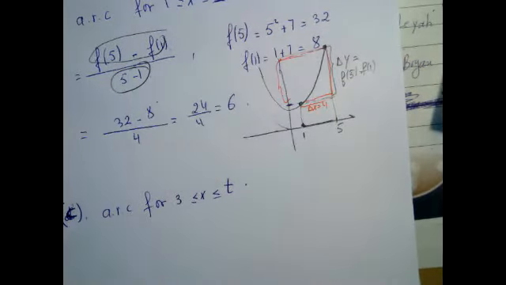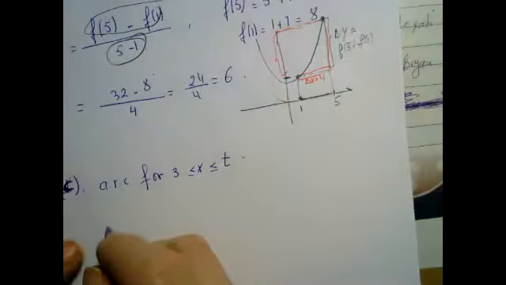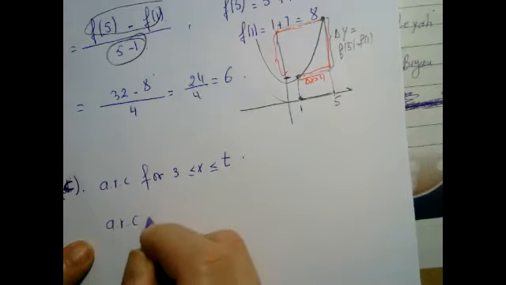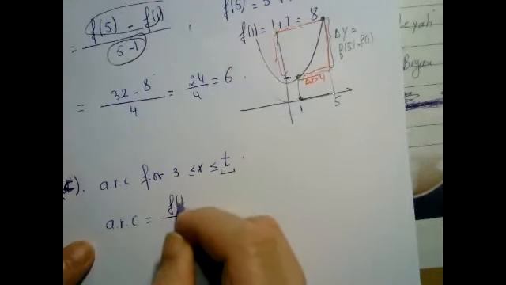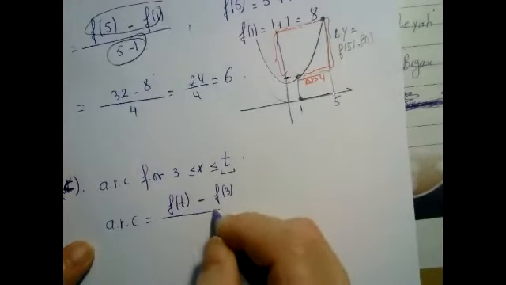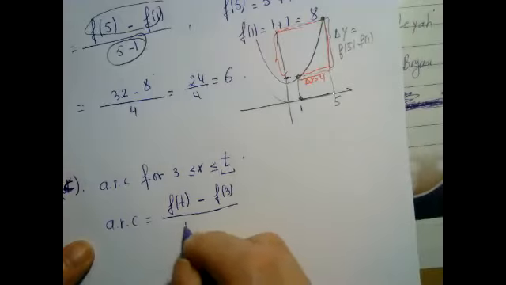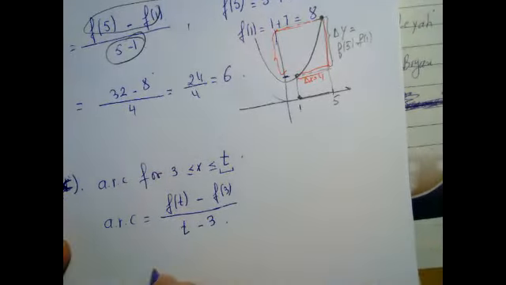Okay, so I don't want you to be worried about those. So what's the average rate? The value at t minus the output at 3, divided by t minus 3. Okay, so it's equal to what? All right, let's compute each expression by itself on the side.